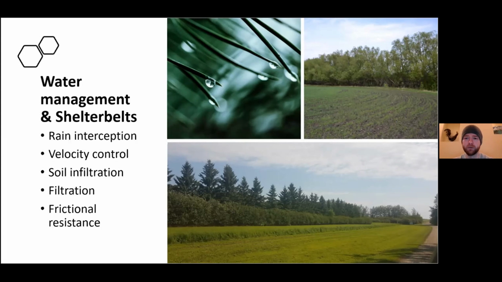The foliage on the ground creates frictional resistance, and that again slows down water. So when you have shelter belts strategically located on your land, that can help a lot with improving moisture rates, as well as reducing flood events.